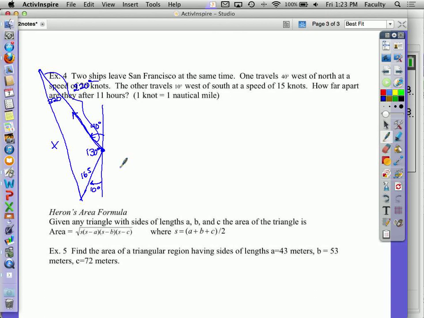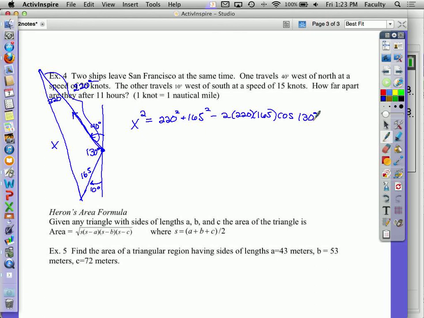So this is going to lead me to law of cosines. X squared equals 220 squared plus 165 squared minus 2 times 220 times 165 times the cosine 130. So it was a side angle side situation, which we like. Those are easier.